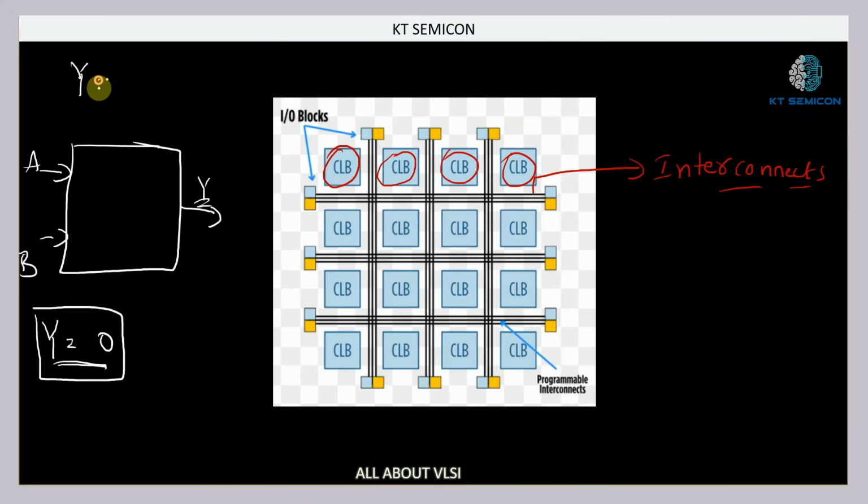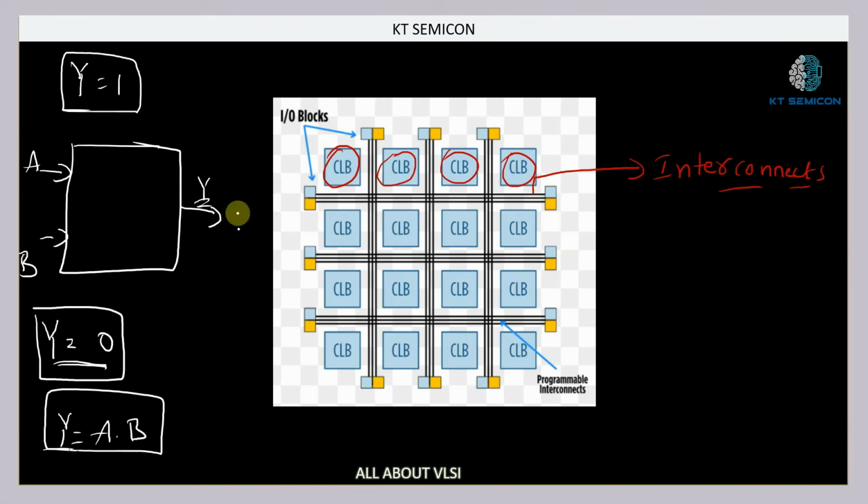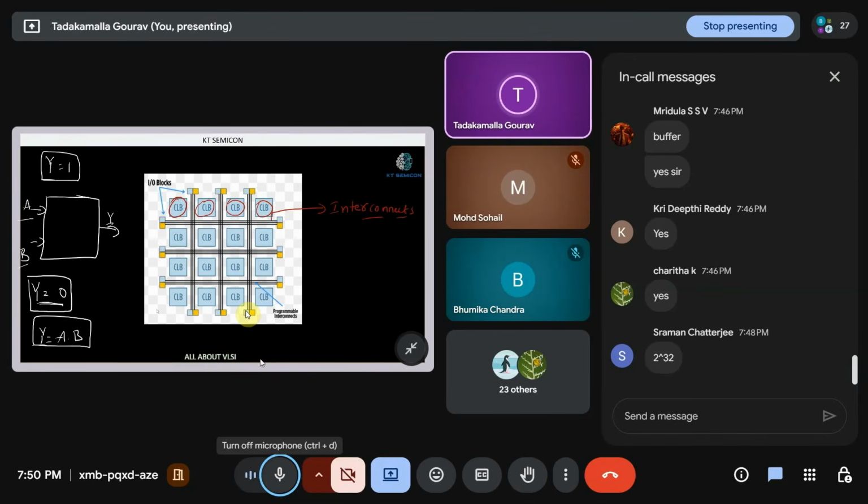Suppose Y is equal to one. This is also a possibility, right? Now, my output can be A dot B. So these are nothing but my possibilities. If I have a two input black box, there are a total of 16 possibilities. Is it clear?